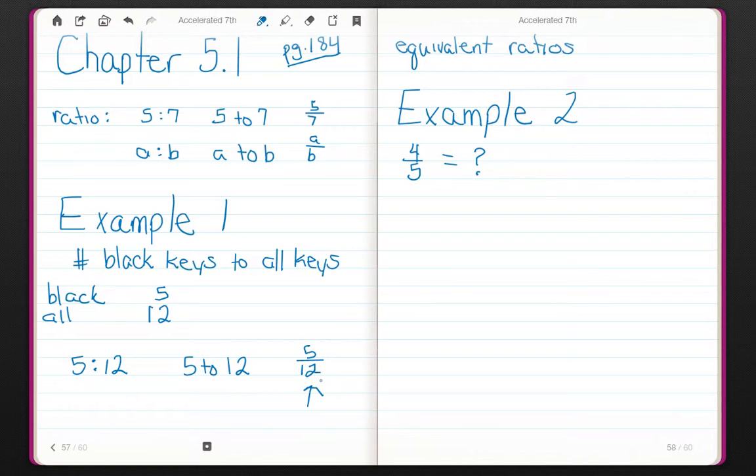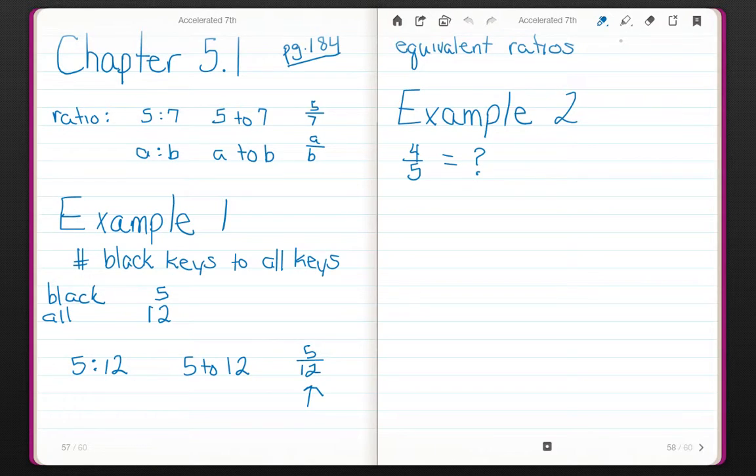So, what is an equivalent ratio? You can think of an equivalent ratio like an equivalent fraction because it really looks like a fraction and it acts the same way also. So an equivalent ratio are 2 ratios that name the same number.